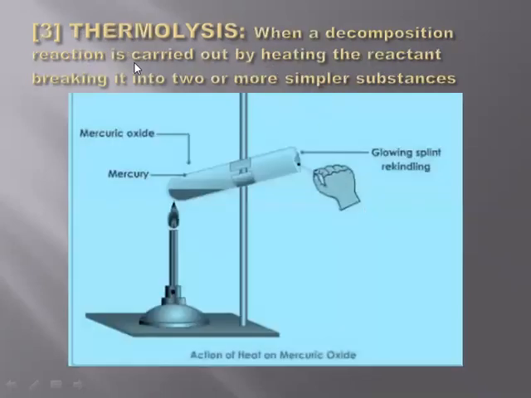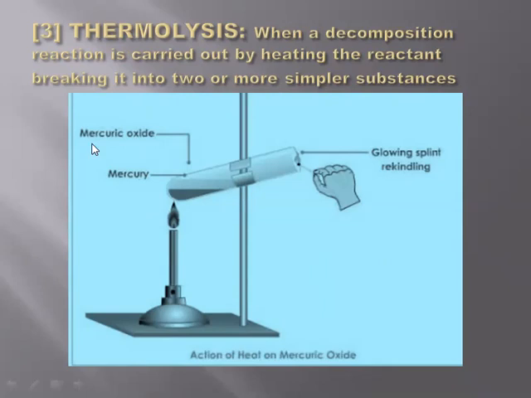The decomposition reaction which is carried out by heating the reactant, breaking it into two or more simpler substances as products, is known as thermolytic decomposition or thermolysis. The diagram shows the action of heat on mercuric oxide.